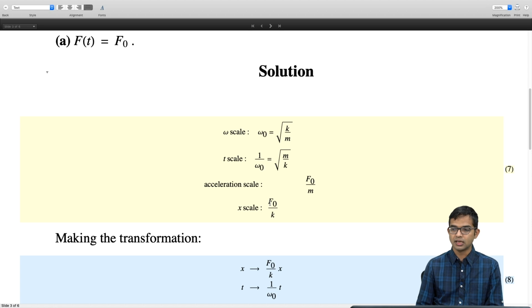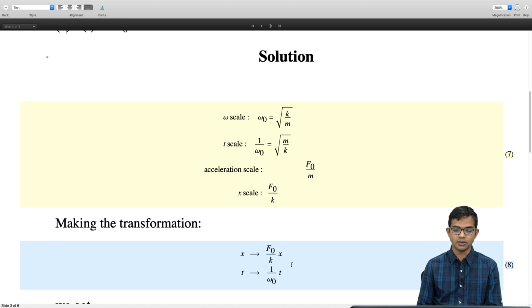This is just a physicist's way of saying that you're looking at a quantity which is really position, but in such units that you have scaled away the units, converting it into a purely non-dimensional quantity. That's what is meant by dimensionless position. There's also dimensionless time, which is 1 over omega naught times t.